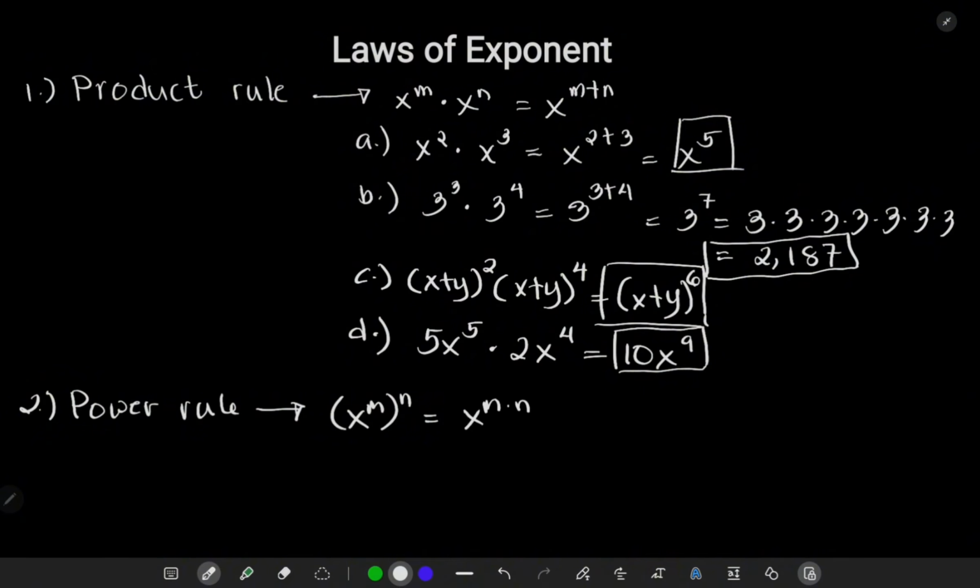So for example, if we have the quantity of x raised to 4 raised to the second power, so first kopyahin natin yung base, so we have x, and then i-multiply natin yung mga exponent. So we have x raised to 4 times 2, so that is 8.